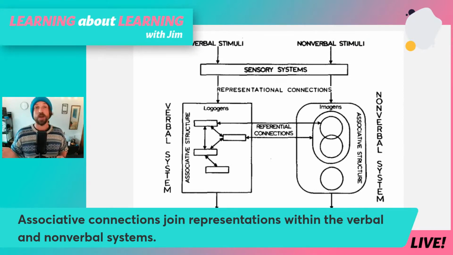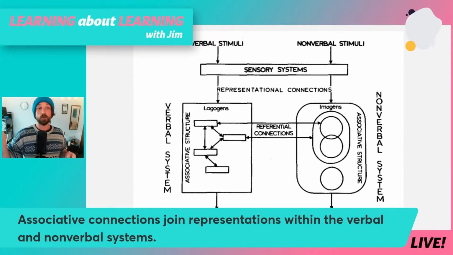So verbally, when I say the word dog, other words are associated to that: dog, hair, run, ball, stick, play, pet. So as far as I understand, those would be associative connections for the word dog.